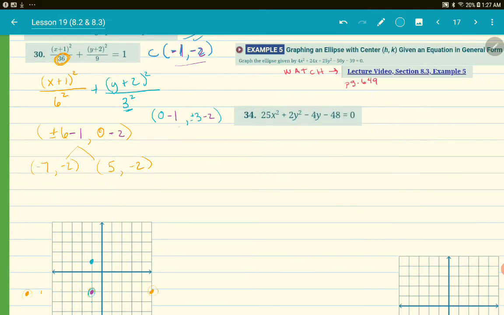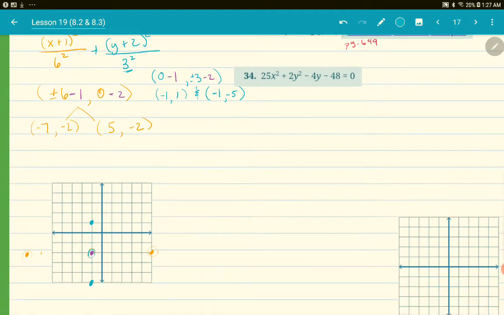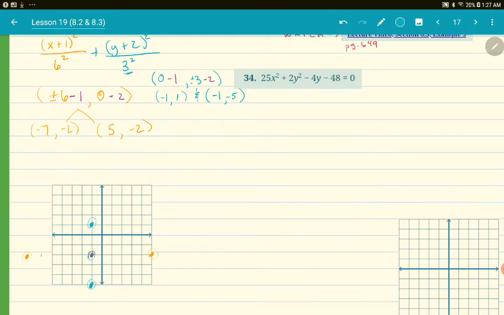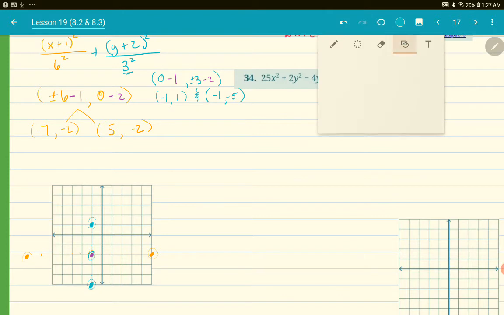I just took those original vertices and shifted, and I get (-1, 1) from +3 minus 2, and (-1, -5) from -3 minus 2. And you can see on the graph, I also got (-1, 1) and (-1, -5). So again, same results, algebraically or through the graph.